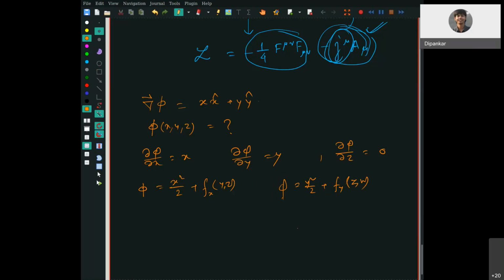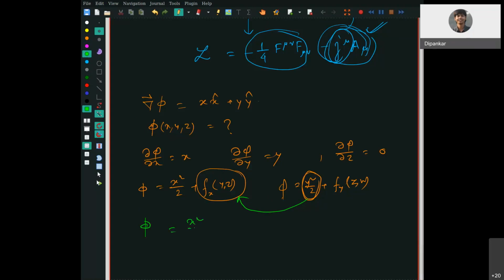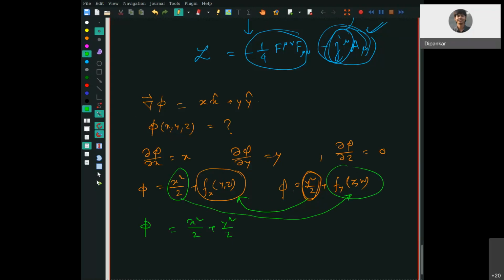Since this can be a function of y and z, and you see that in the next solution you have a thing called y square by 2, you absorb this y square by 2 into here, and you write phi as basically x square by 2 plus y square by 2. So you absorb x square by 2 into this constant and y square by 2. I don't know in what language you express this thing, but that's how I try to express. So is it a bit better now?